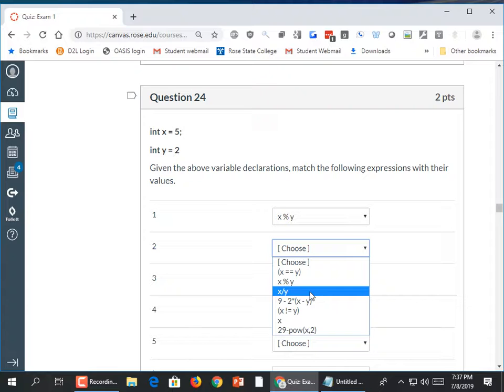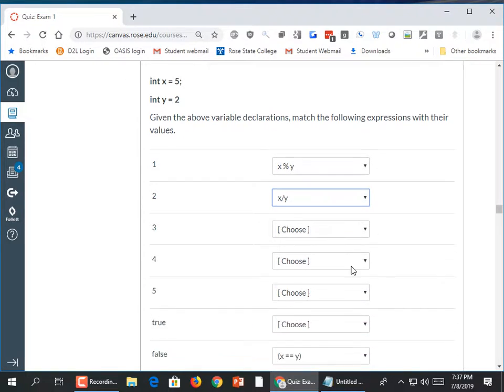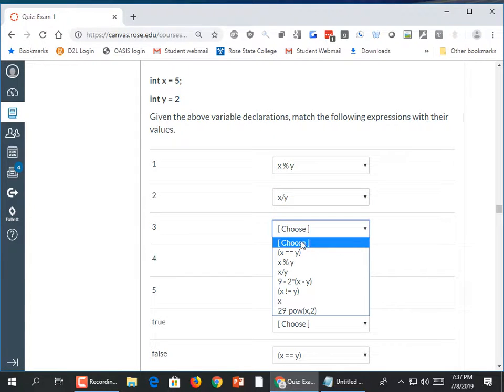But 5 divided by 2 rounded down is 2, so that one looks good. 9 minus 2 asterisk x minus y. Well, 5 minus 2 is 3. 2 times 3 is 6. 9 minus 6 is 3.